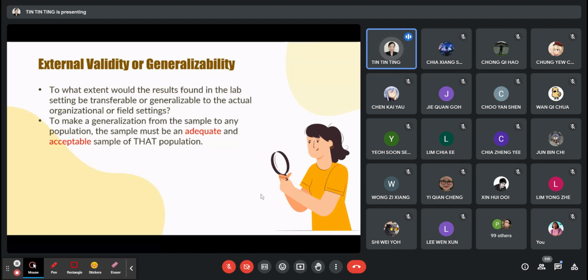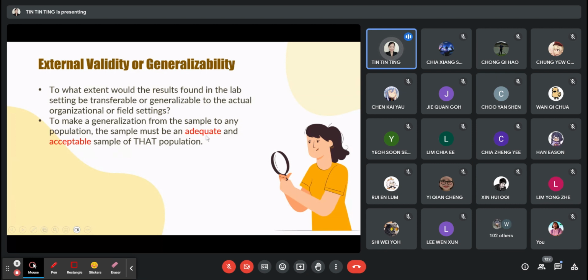Can I apply this result to other universities? That's called generalizability of your result, or external validity. To make a generalization from a sample to a population, meaning from the TAR-UMT sample to other universities, the sample must be an adequate and acceptable sample of that population.